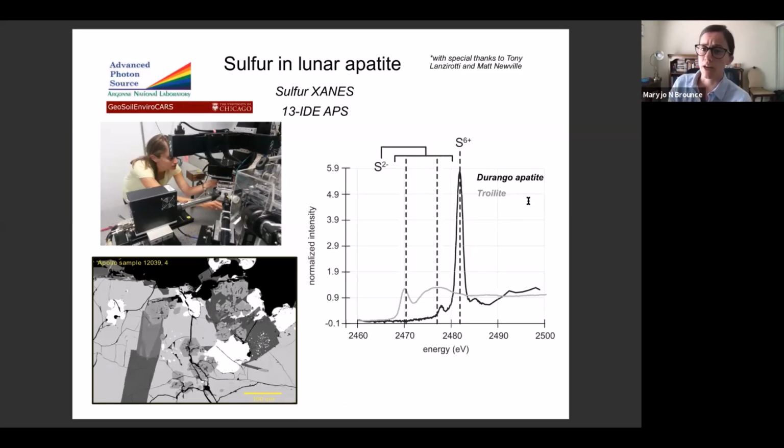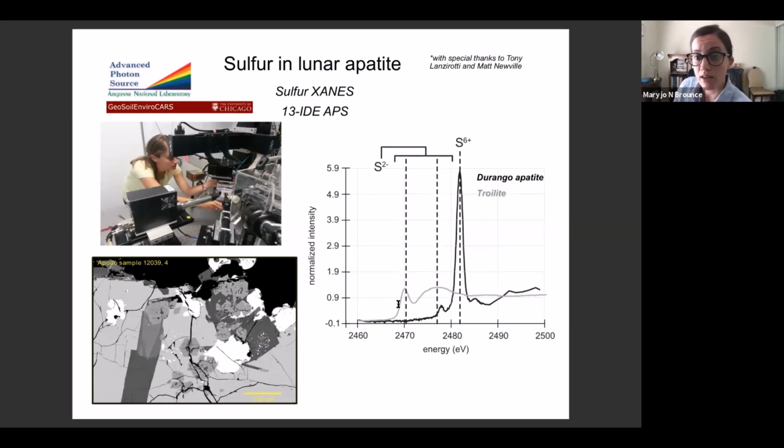And then I'm also showing you a spectrum of an apatite from Earth called Durango apatite. This is a common apatite used as a standard. It's from a volcano in Mexico. And I've marked the positions of the K-alpha features for sulfur 6+, really sharp, really narrow, and really reliably showing up at like 2482 eV.